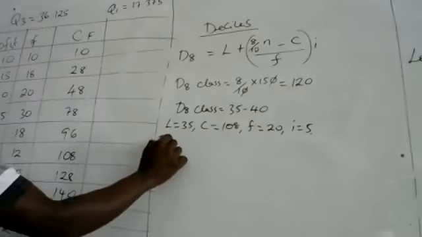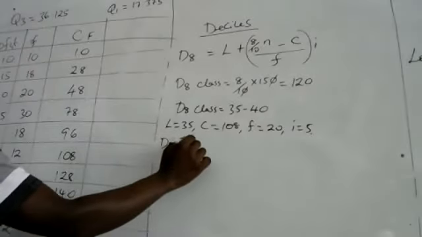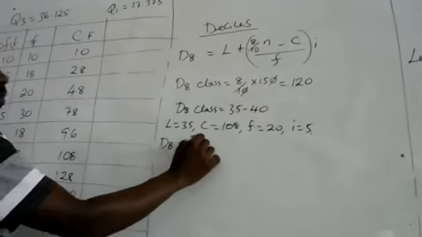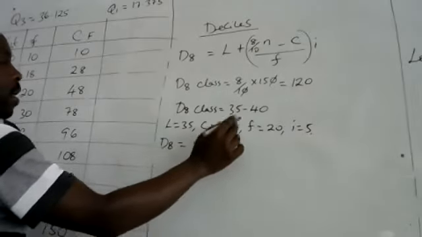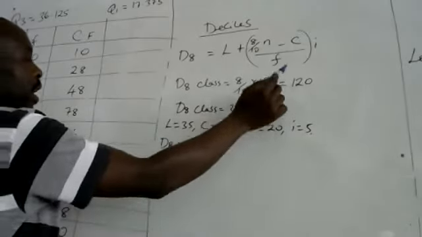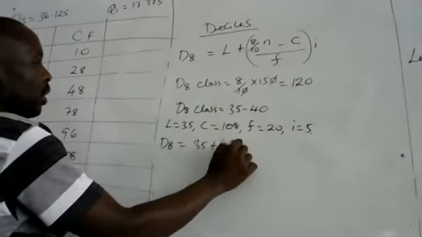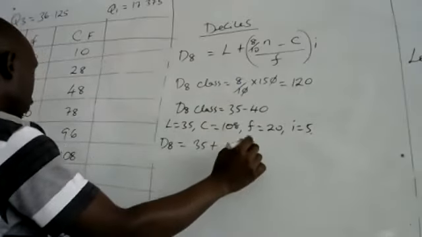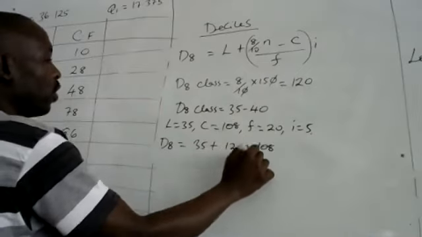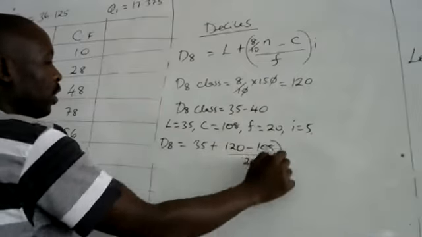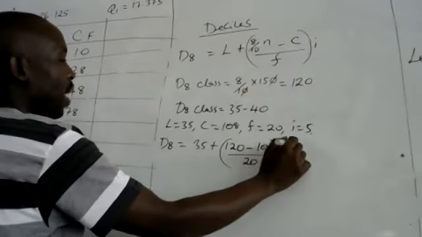So D8 will be given by 35 plus 8 over 10n, which is 120, minus C, which is 108, over F, which is 20, then we multiply by 5.